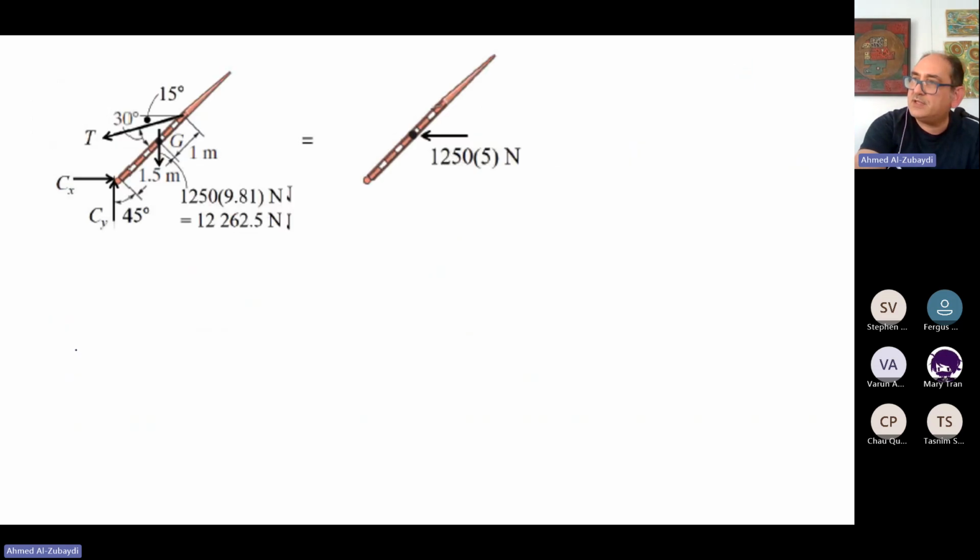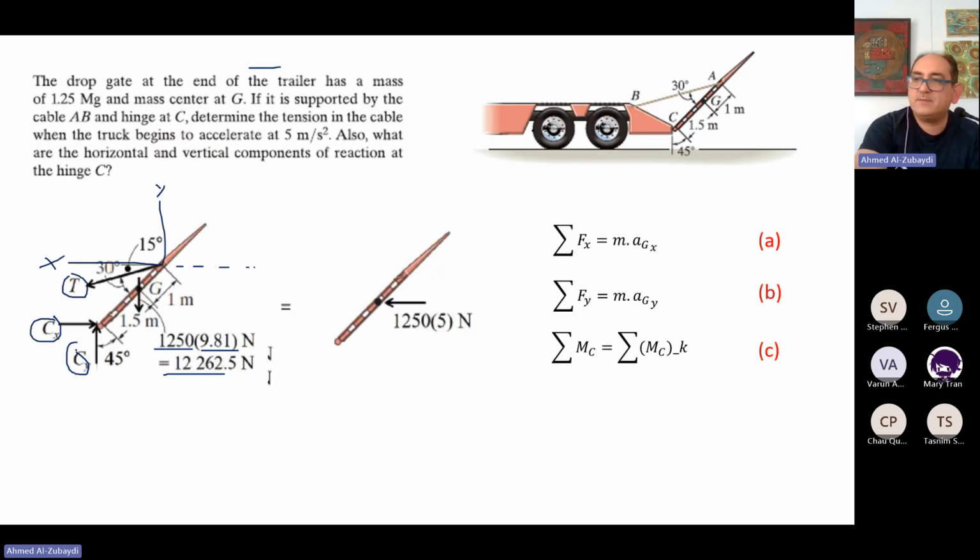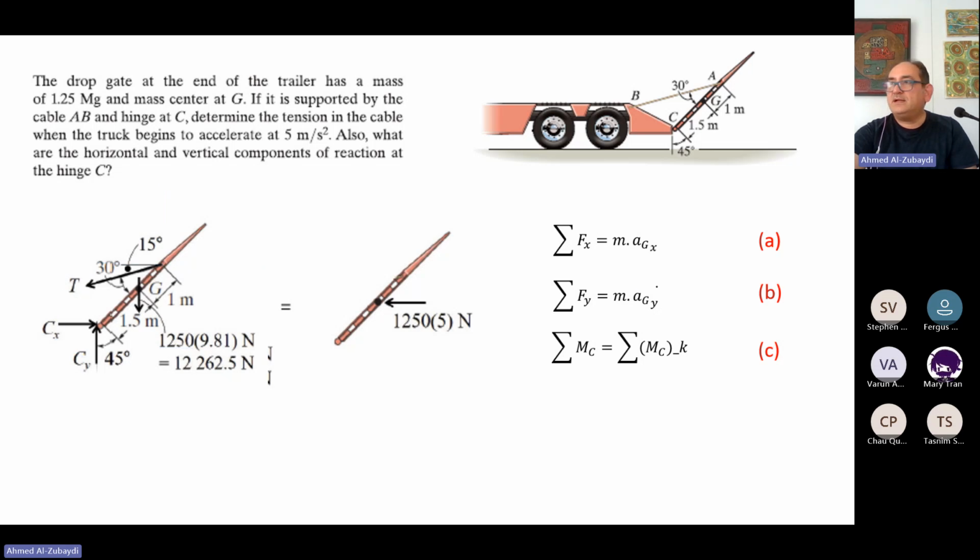Once again, the three equations we use are going to be those. Without going to the other side yet, let's see what we can have. For the x-axis, for example, we have T multiplied by cosine of 30, and we have the Cx in the opposite direction.